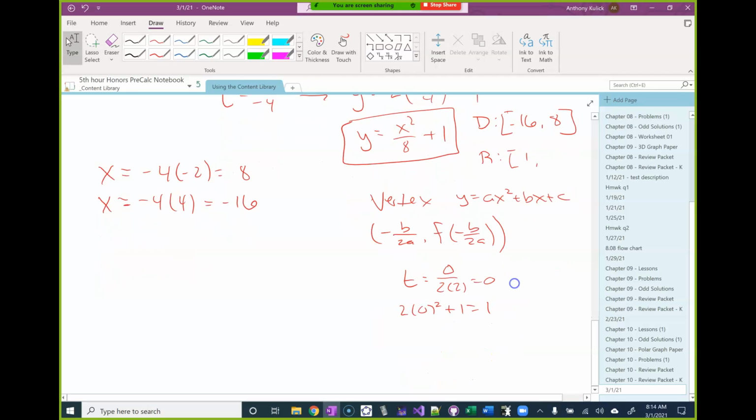Now to find the other end of my range, I'm going to use the -2 and +4. I'm going to plug those both in and see which one gives me the bigger value. So I get 9, and then I get 33.